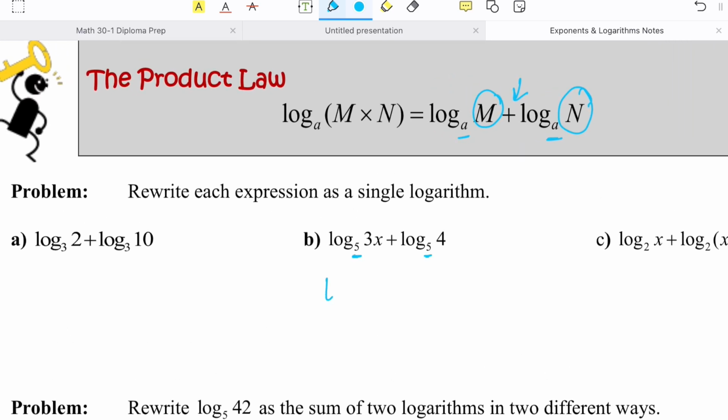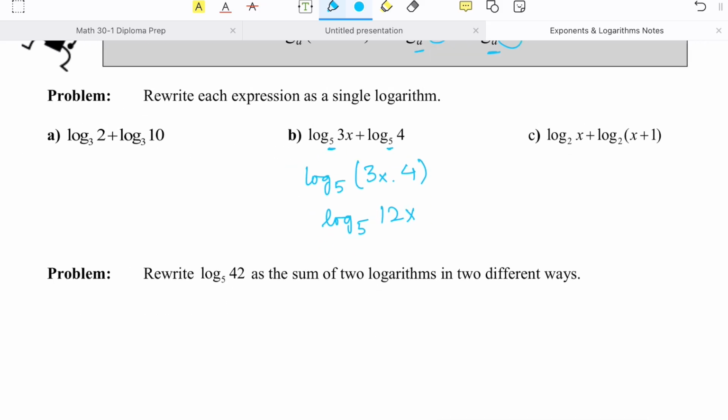So when the bases are the same, all I need to do is log base 5, 3x times 4, which is log base 5, 12x. Okay, you can try the two questions here. If I were to write log base 5, 42 as the sum of two logarithms, what I need to ask myself, well, I know 42 is 7 times 6.